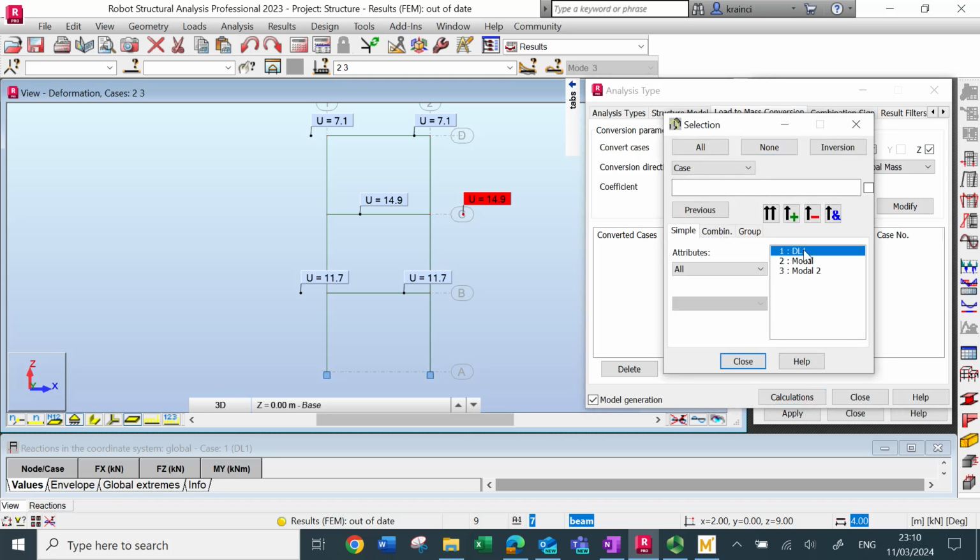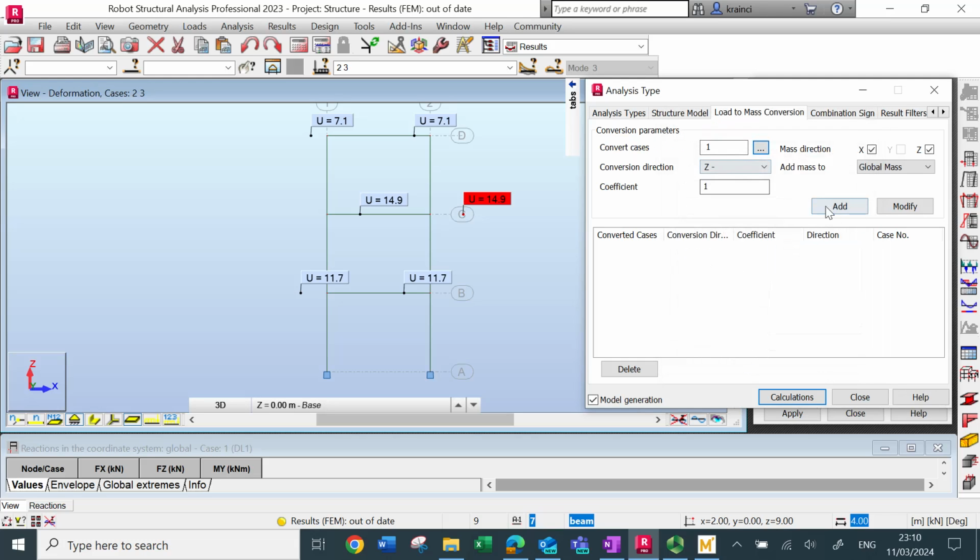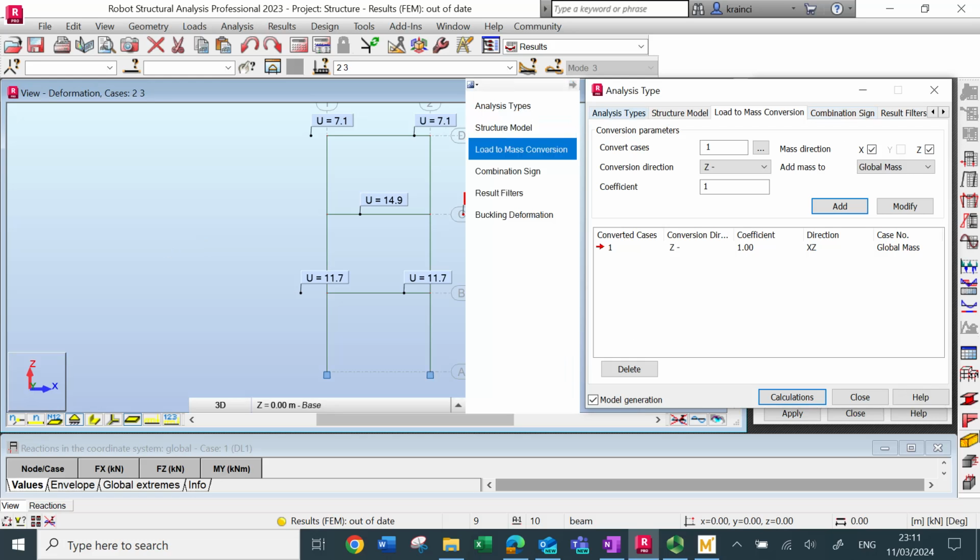Dead load, with the coefficient 1, added in X and Z, so it's working in the plane.